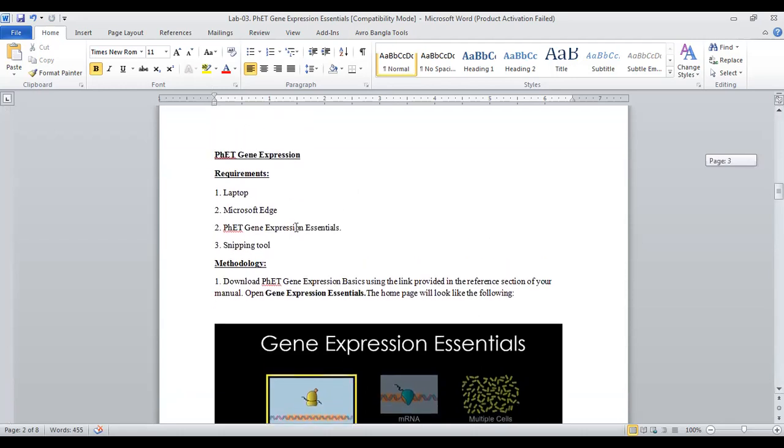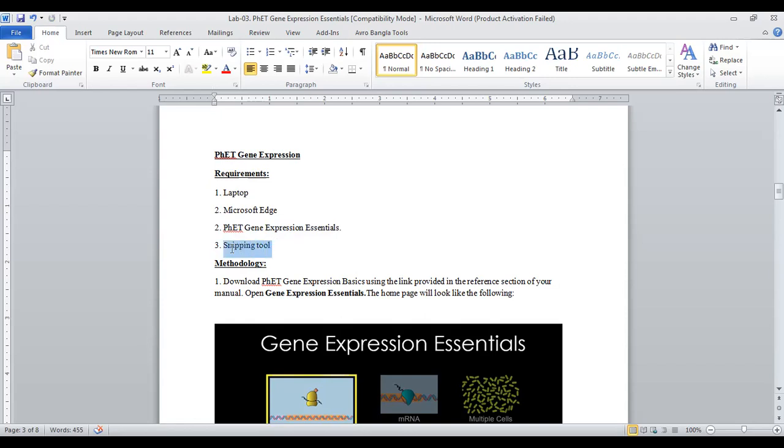So what we need for the experiment: we need a device, and we need Microsoft Edge. You can also use Google Chrome or Firefox. That will be useful. PhET gene expression essentials, usually we used to download and install it before, but now it is open source material, so we do not need to download that.